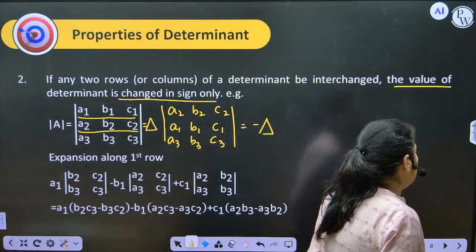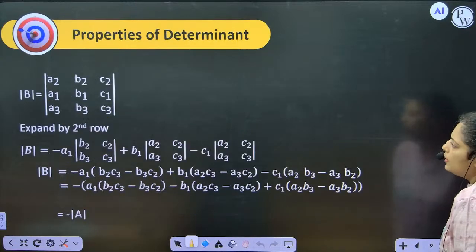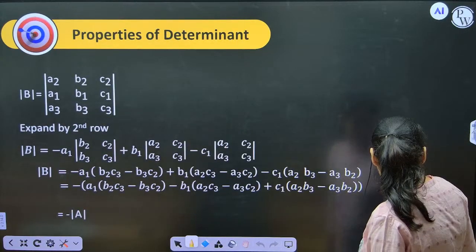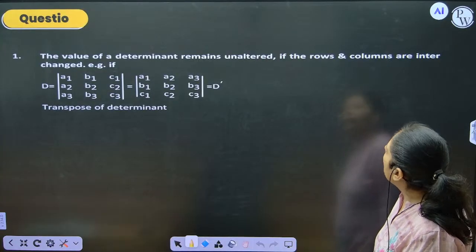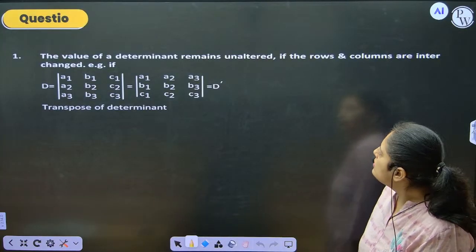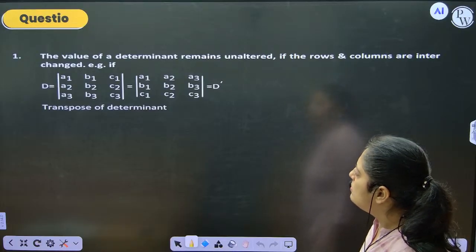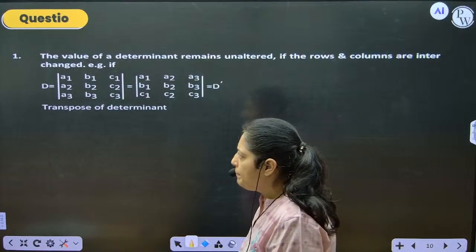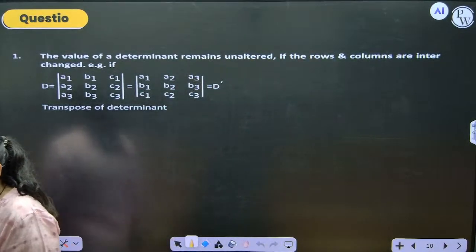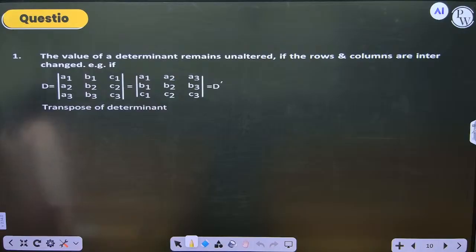Quick, this is the proof of that only. Okay, the value of a determinant remains unaltered if the rows and columns are interchanged.